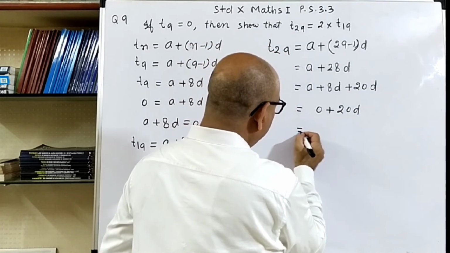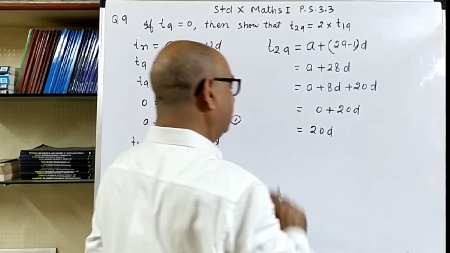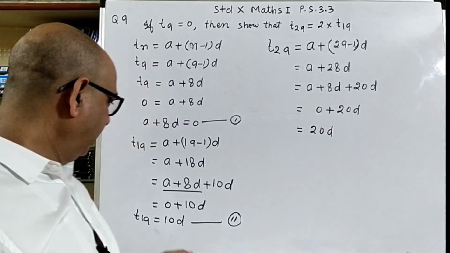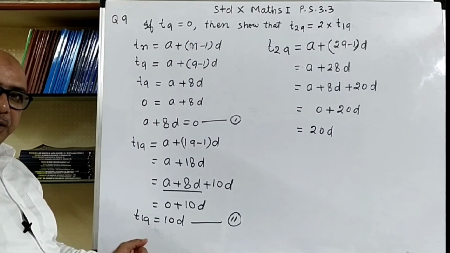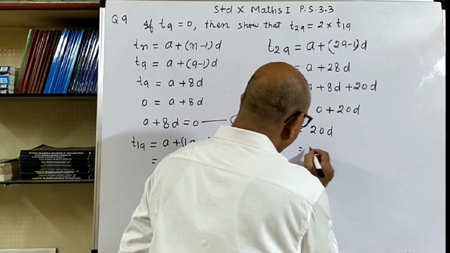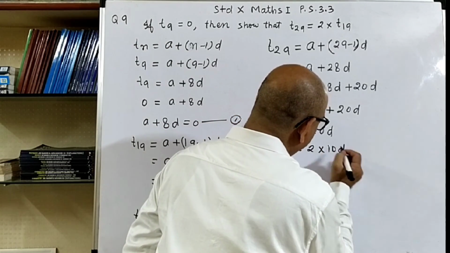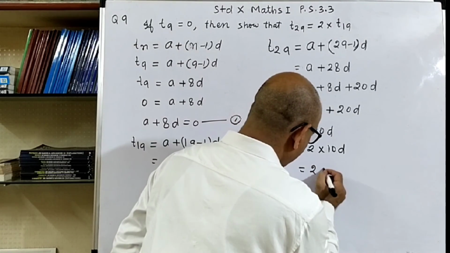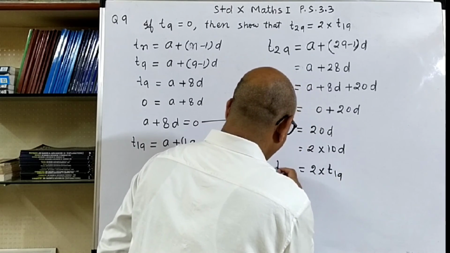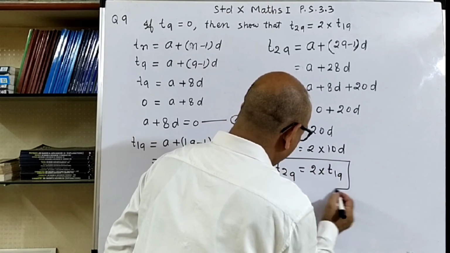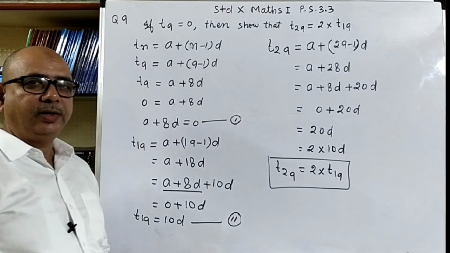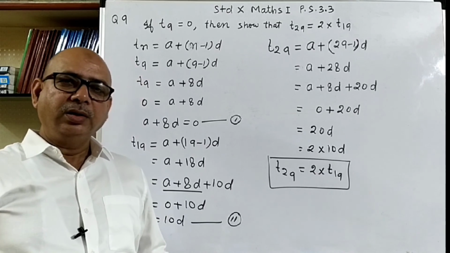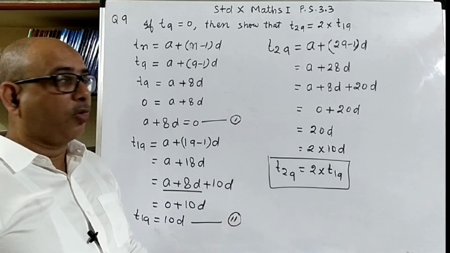That means T29 is equal to 20d. But we have to find it in terms of T19, and T19 is 10d. We can write it as 2 into 10d, and 10d is T19. That means T29 is equal to 2 into T19. So in this way we completed the exercise practice set 3.3.